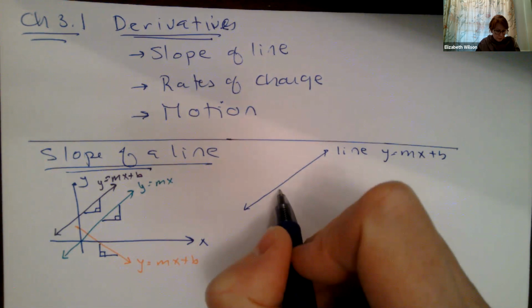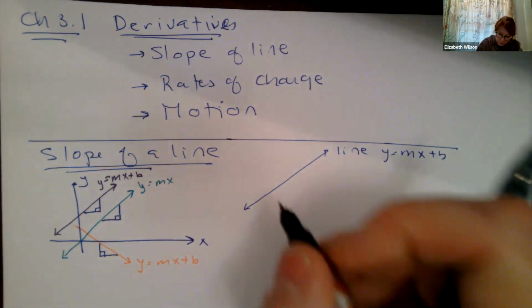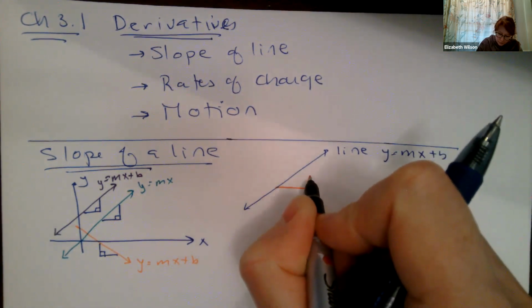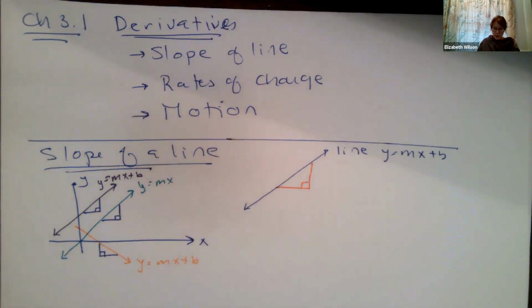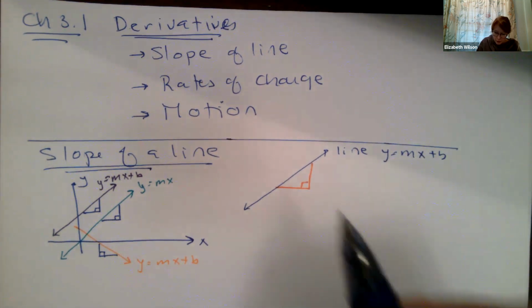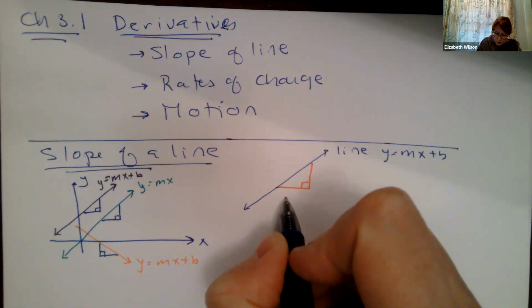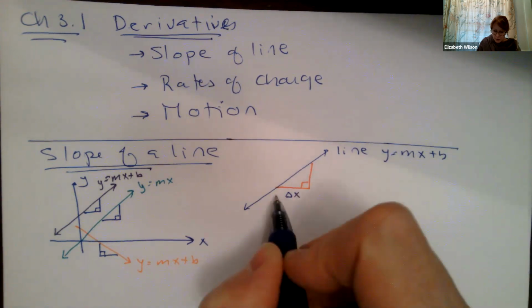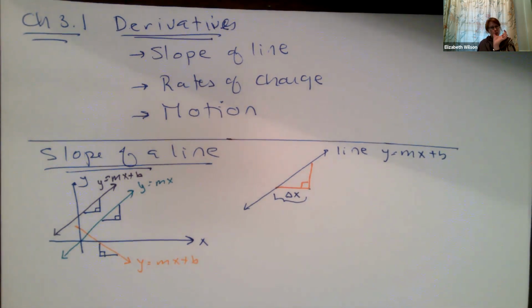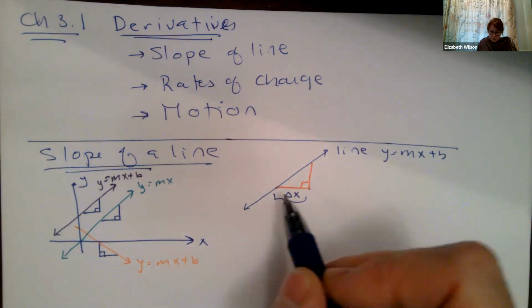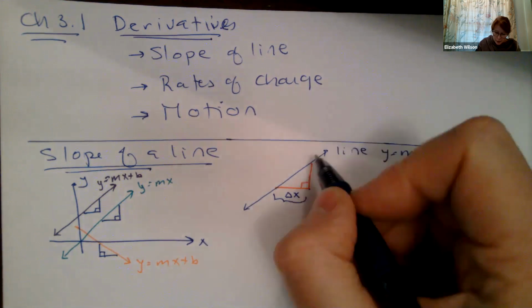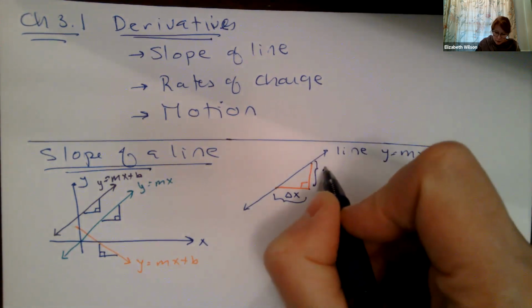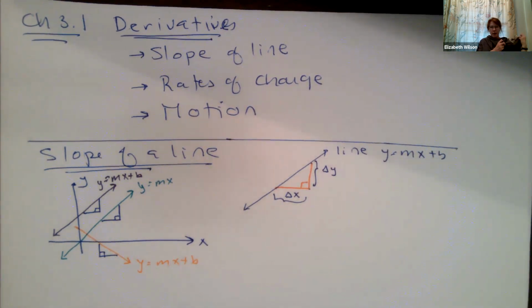So in my XY plane, I've gone over some delta X value. I've gone from here to here, some difference in X, from X1 to X2, for example. And then from here to here, I've gone a delta Y value.